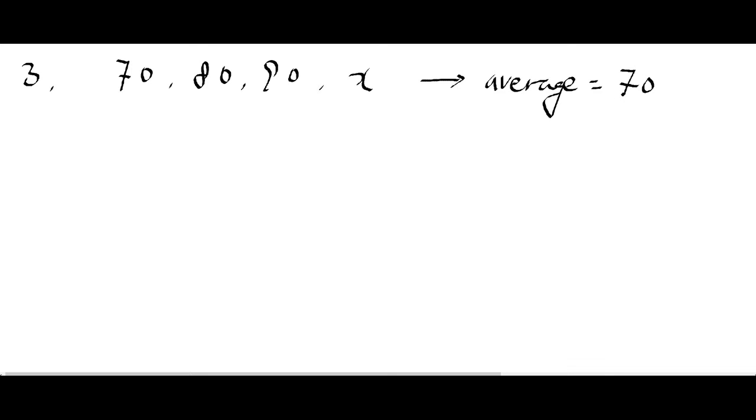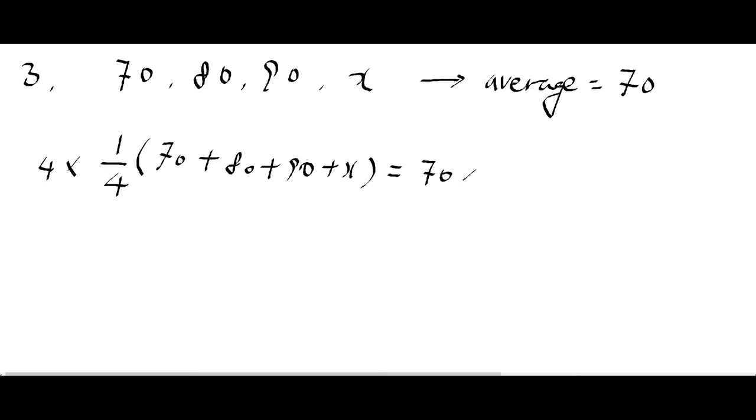Algebraically, most of us use this idea. How? They just use the definition. How to find the average? You first add them up, right? 70 plus 80 plus 90 plus x, and then divided by 4, which means times 1/4, right? Which is 70, right? To find this one, I just want to multiply by 4 on both sides.